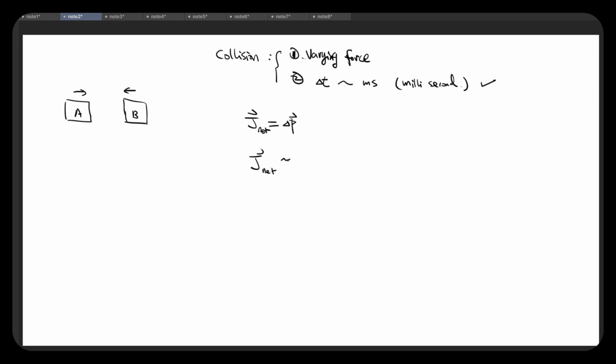We can say that it's almost zero, and then we have delta P equals 0, which means P final equals P initial. And that is called momentum conservation.